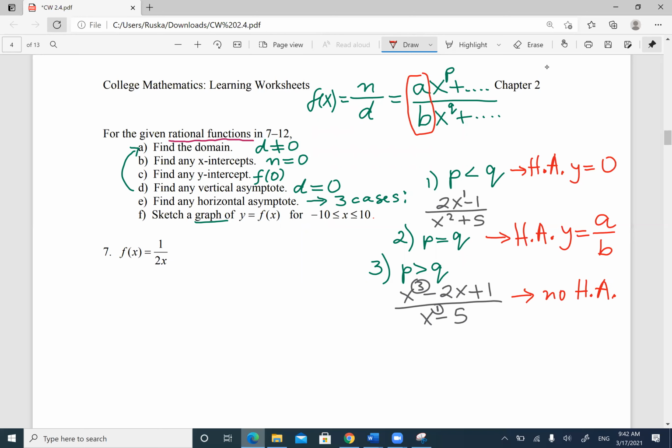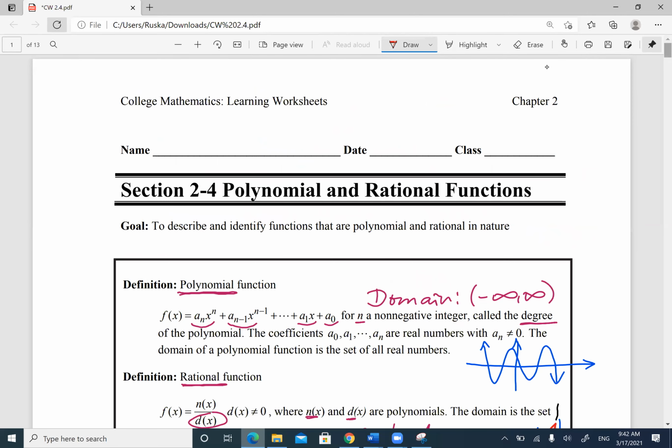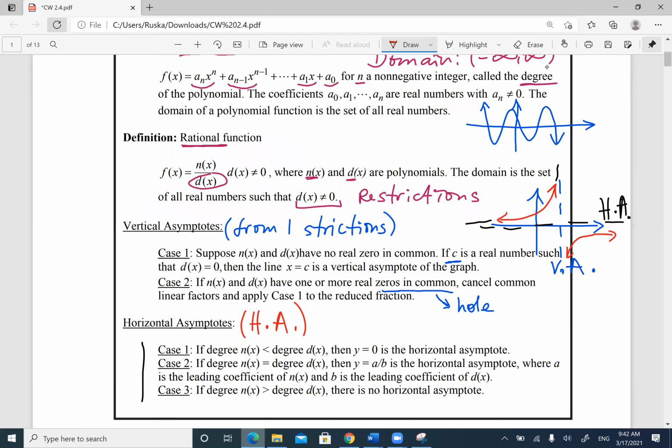Okay, so this is how you determine the horizontal asymptote. These are the three cases, and the same three cases I explained over here. If the degree at the top is smaller, then y equals 0 is the horizontal asymptote, right?